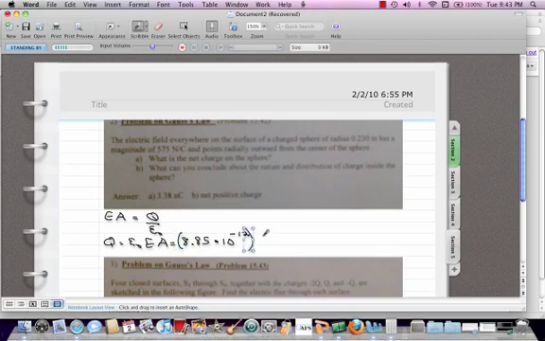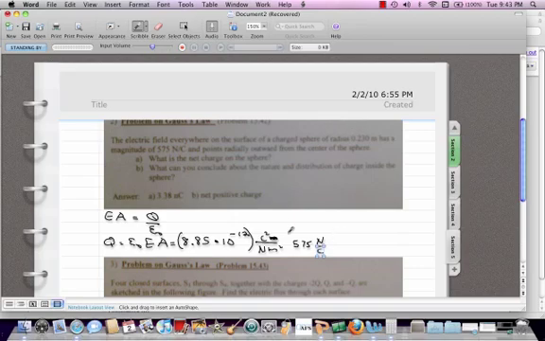I think it's coulomb squared per newton meter squared, something like that. Okay, and our E is 575 newtons per coulomb.